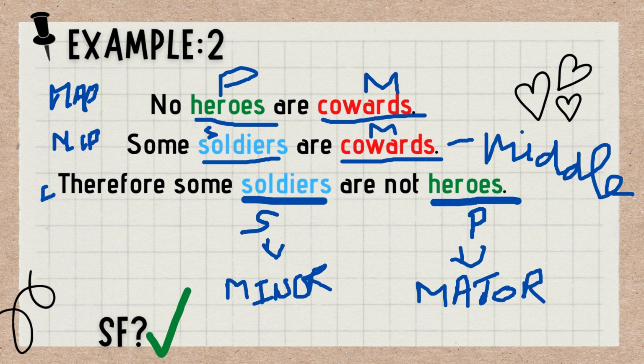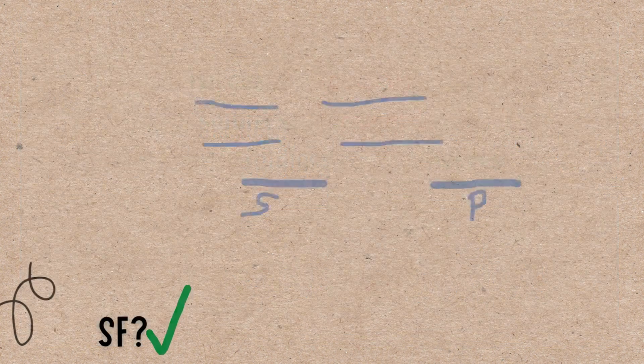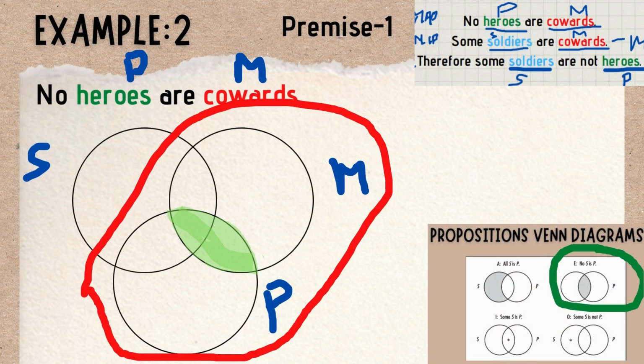Since we found out this example is a syllogism, let's check if it is valid or invalid using the Venn diagram. So let's take the first premise. No heroes are cowards. So we are taking reference of the proposition Venn diagrams.